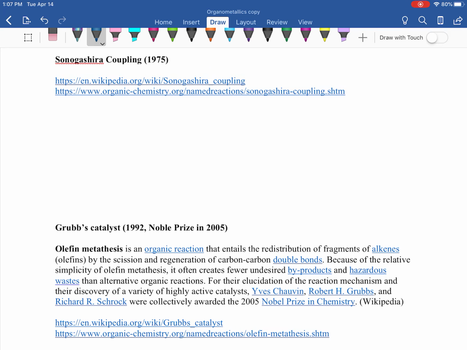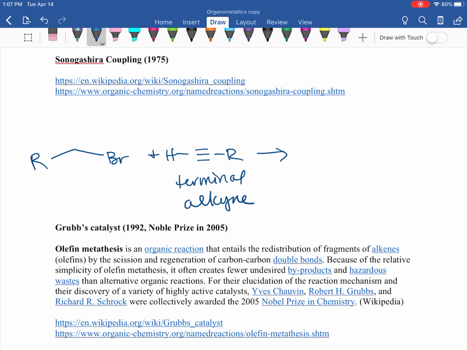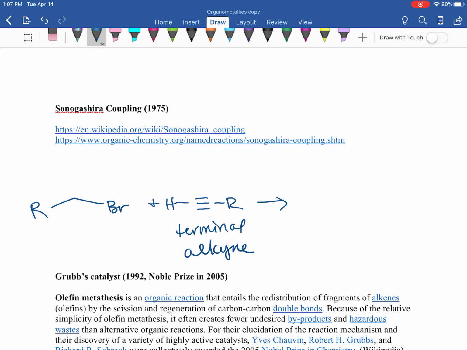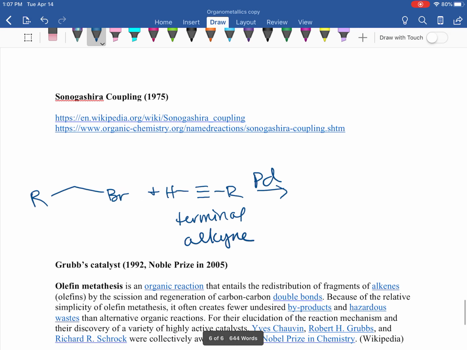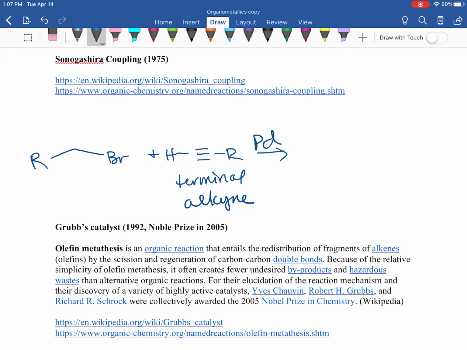All right, with our Sonogashira coupling, also in the 70s, this one is pretty fun because we're also taking another alkyl halide, some kind of alkyl halide, only this time we're going to couple it with a terminal alkyne, okay? So we can couple these together also using a palladium catalyst.